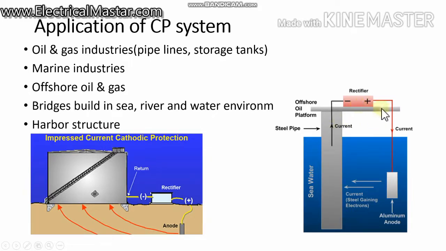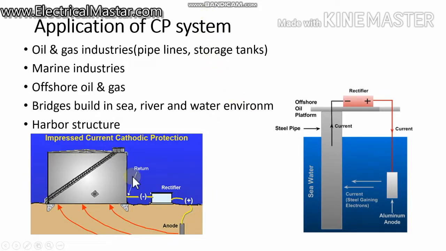You can see here the same setup: the positive is connected to the anode system. The anode is placed in the sea. So the anode's positive current enters the metallic structure and returns back to the source, and prevents this metallic structure from getting corroded. Also bridges built in the sea, rivers and water environments are protected from corrosion.